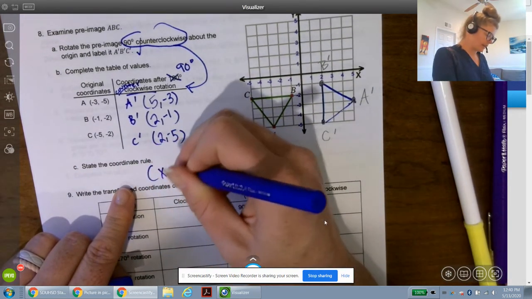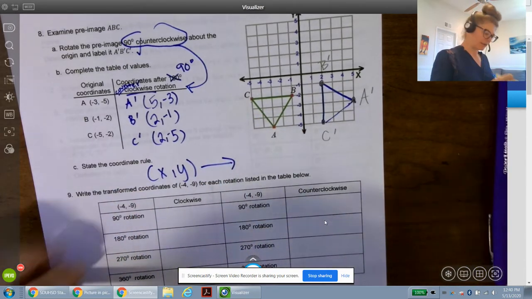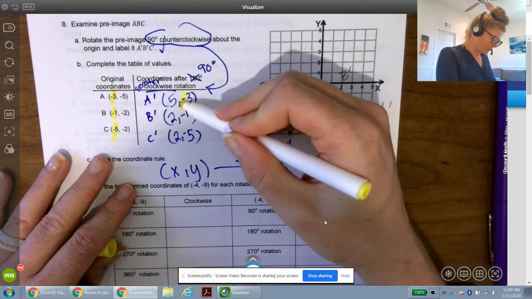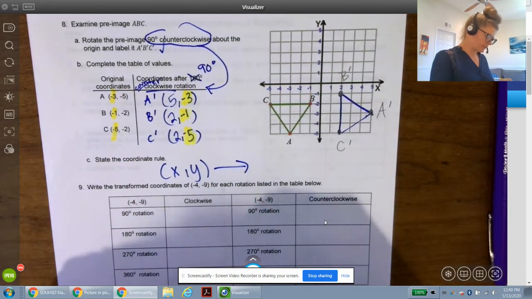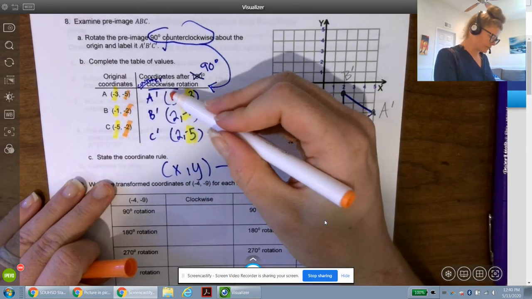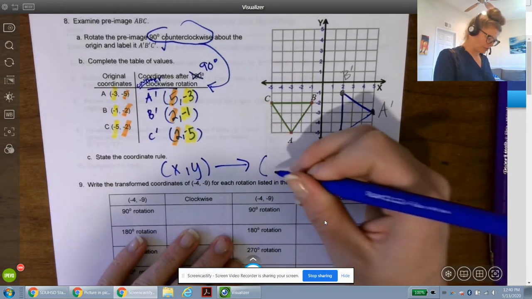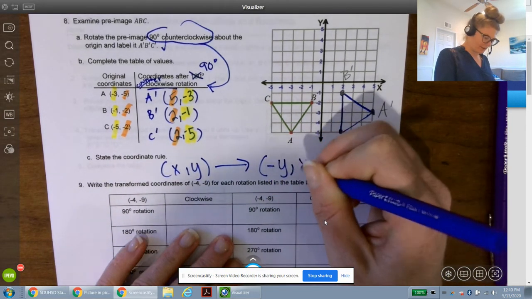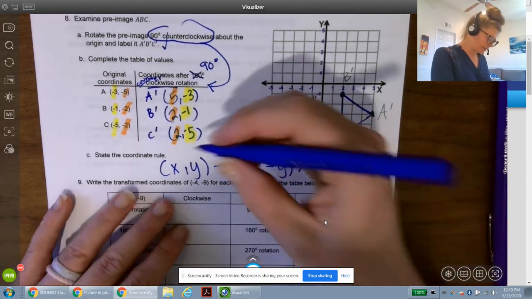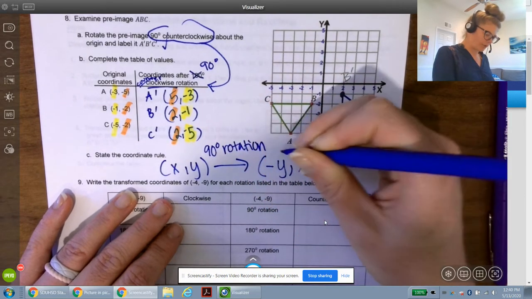And you looked at investigating your rule. And maybe again, you start looking at your original x values and your y values, and you noticed that x, y was going to be mapped to -y, x for a 90 degree rotation counterclockwise.